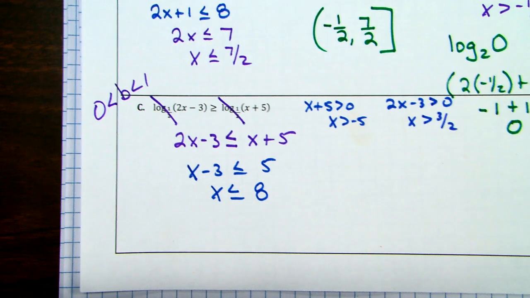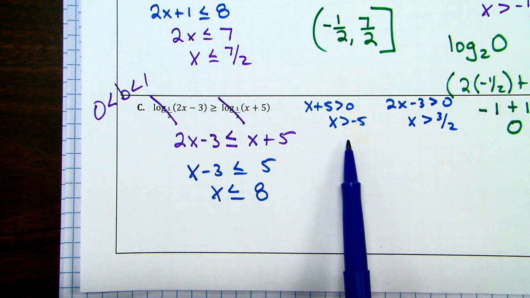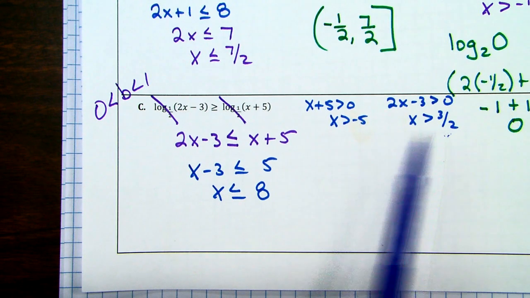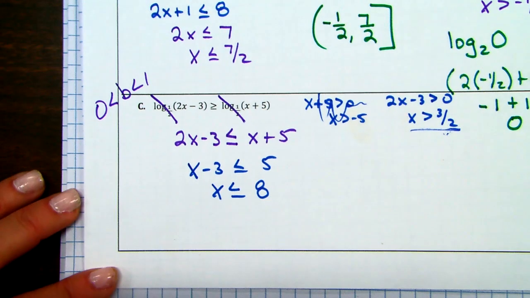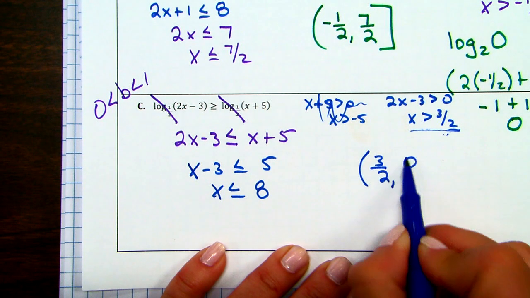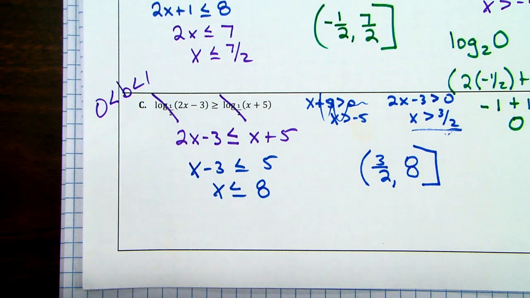The trick when you have more than 1 is to take the bigger number, because all the numbers that are bigger than 3/2 are definitely bigger than negative 5, right? You have to respect both of them. So we don't really care about that one. This is the one that's going to dictate. So we'll be from 3/2 to 8. Those are the only solutions that will work in this inequality.